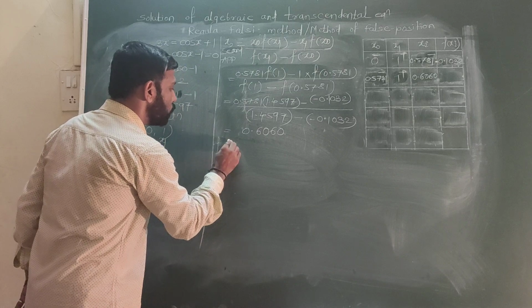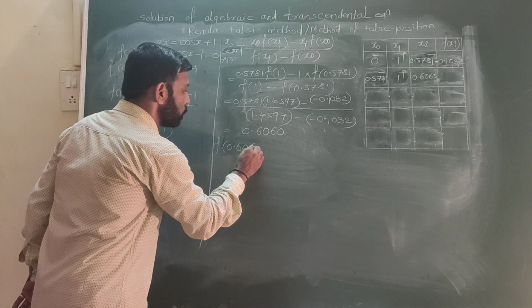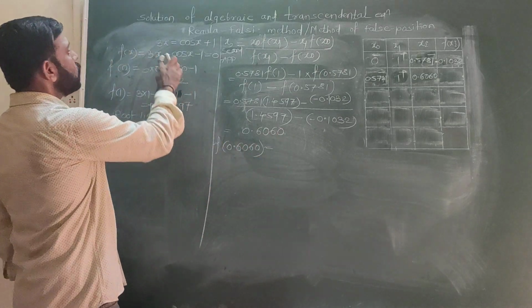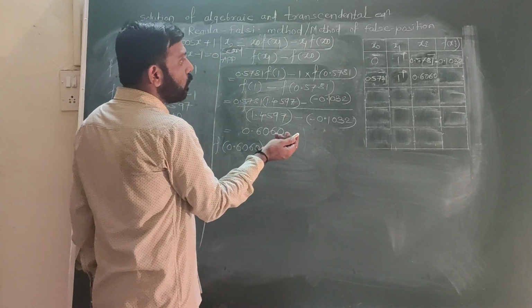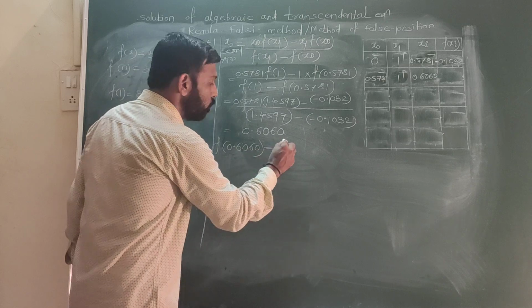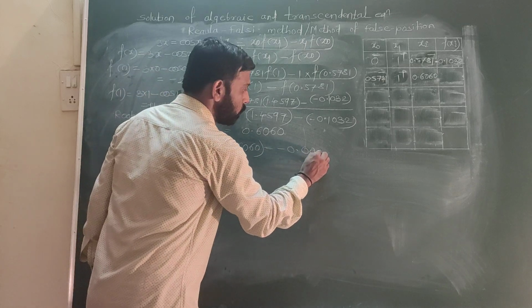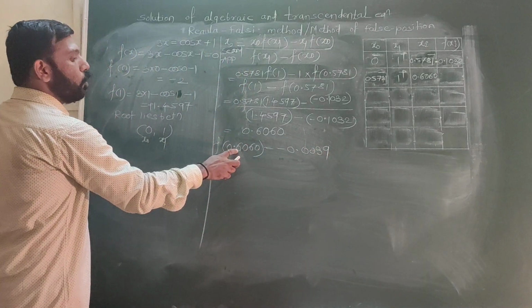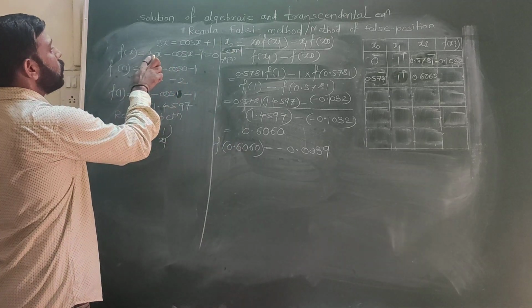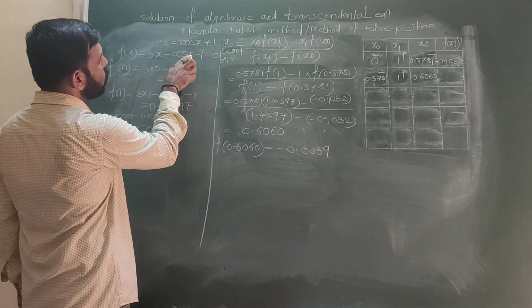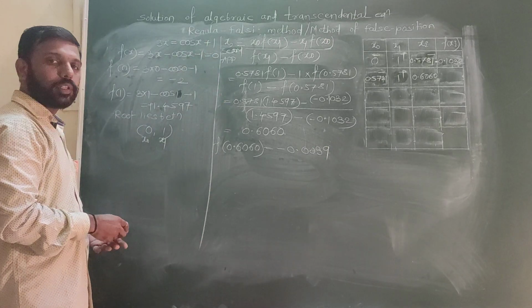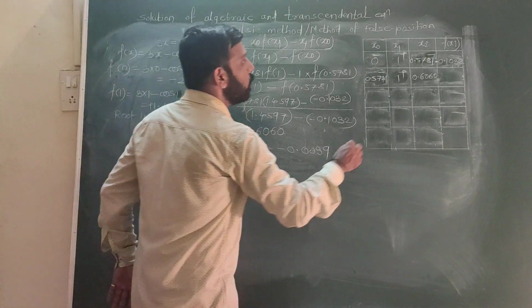Now to find out the sign, substitute this in the polynomial. Here I will write directly that value: 3 into 0.6060 minus cos of 0.6060 minus 1. Calculate this in radian mode on the calculator.